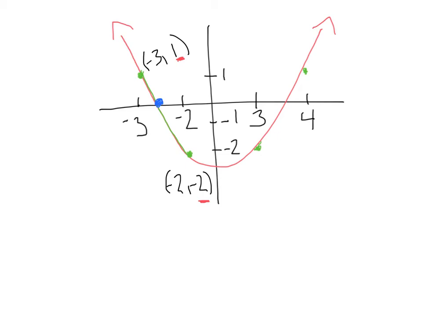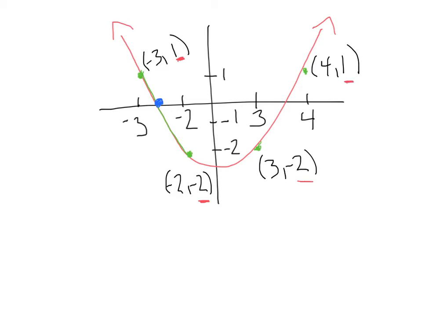Let's take a look at the other 0 that we have. Here we have a point at 3, negative 2. That's a negative y value. Now here we have a point at 4, 1. That is a positive y value.